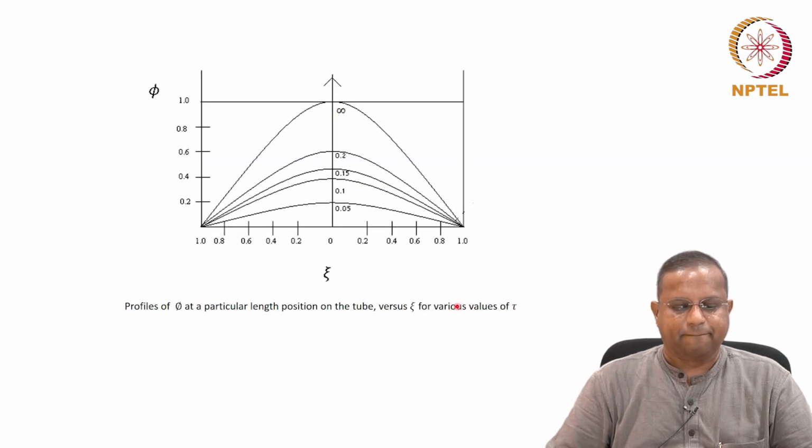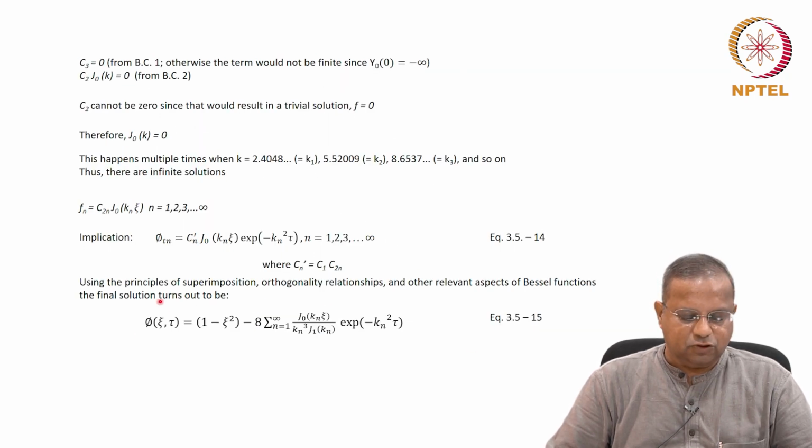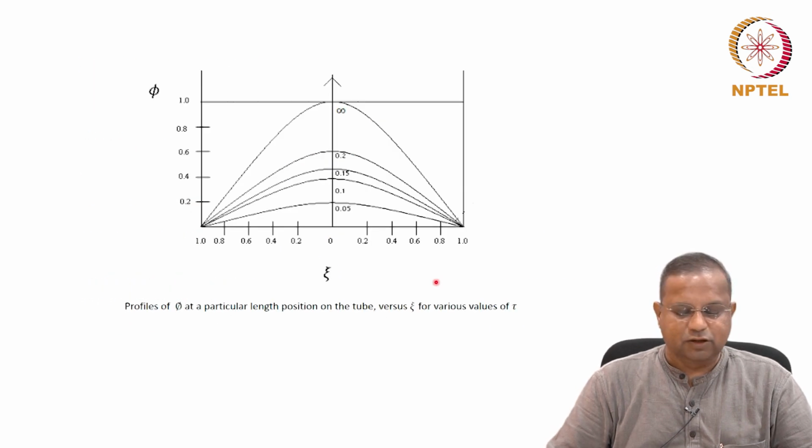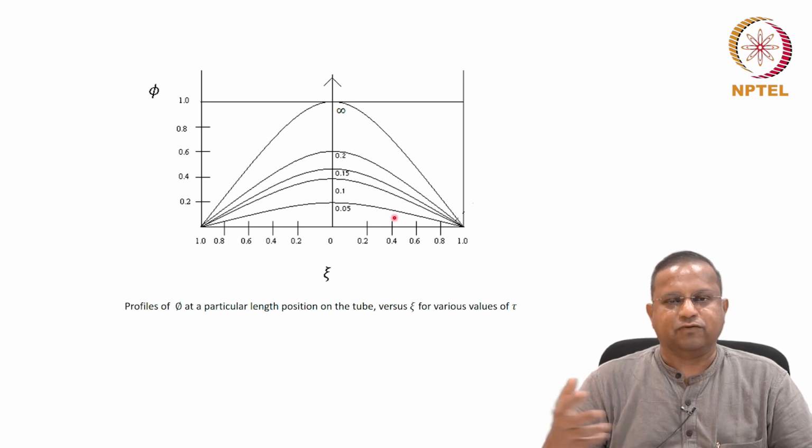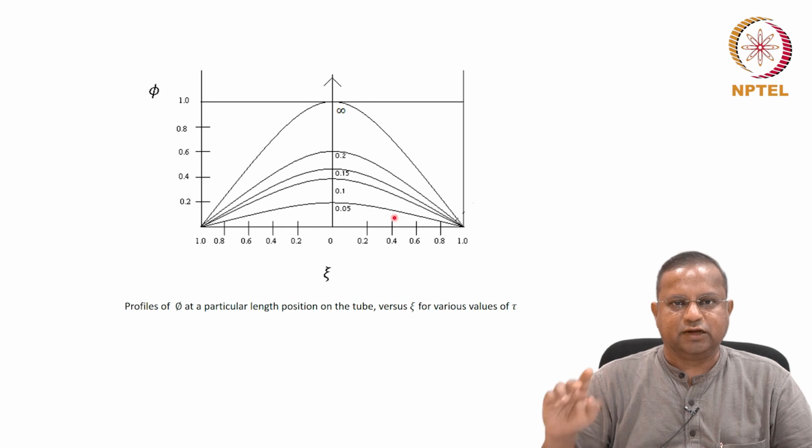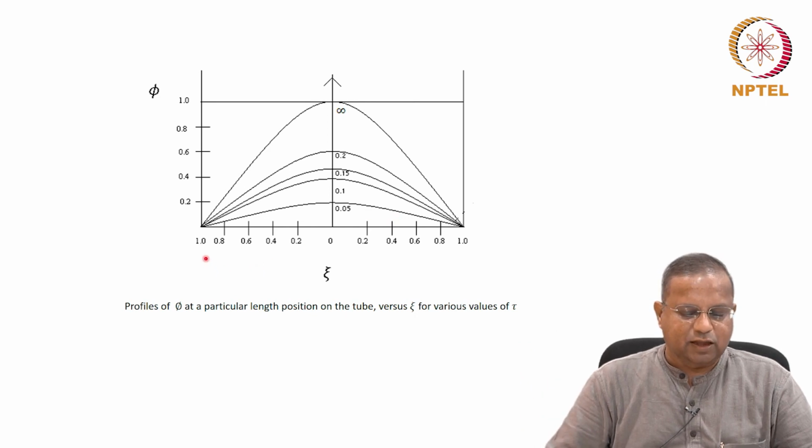3.5-15. If you plot this solution, you have phi as a function of xi, that's what we are looking for. If you plot that phi as a function of xi, this is valid for any radius, any viscosity, any density, and so on and so forth, at various taus. This is 0.05, it will be something like this.